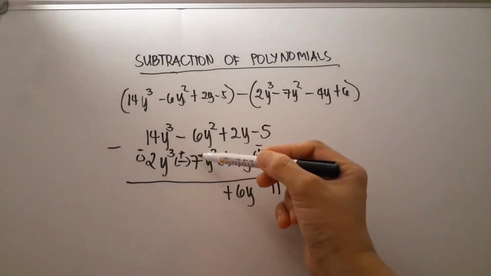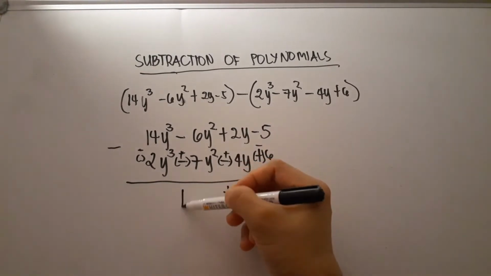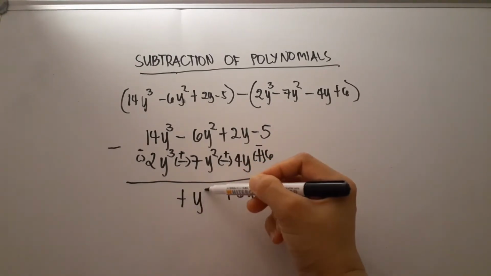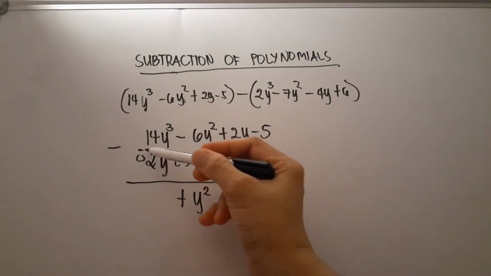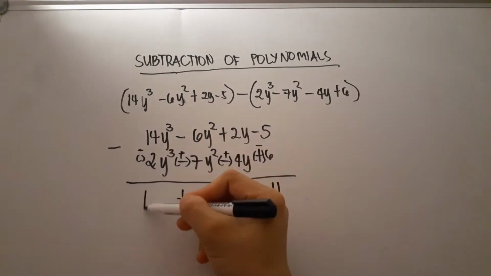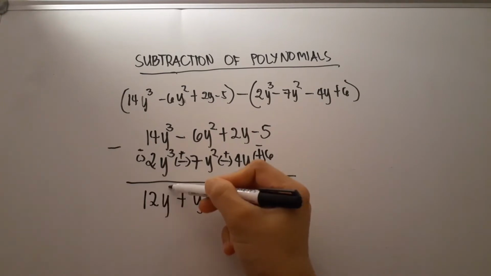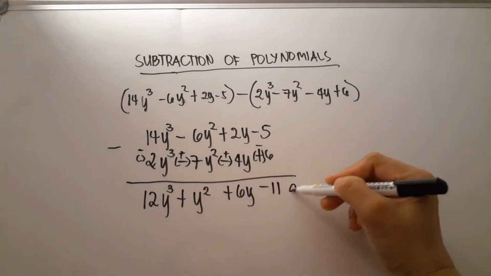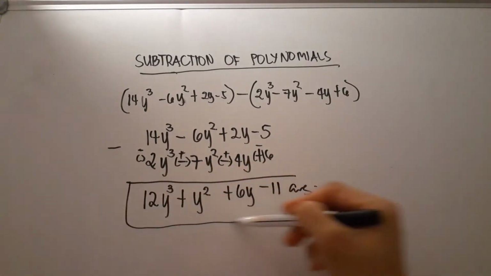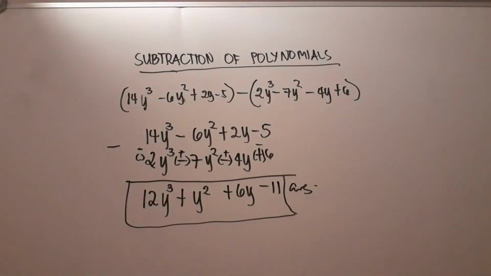Negative plus positive, you can see that the larger value is 7, so we use positive y squared. Then 14 minus 2, since 2 is negative, we subtract. The answer is 12y cubed plus y squared plus 6y minus 11.